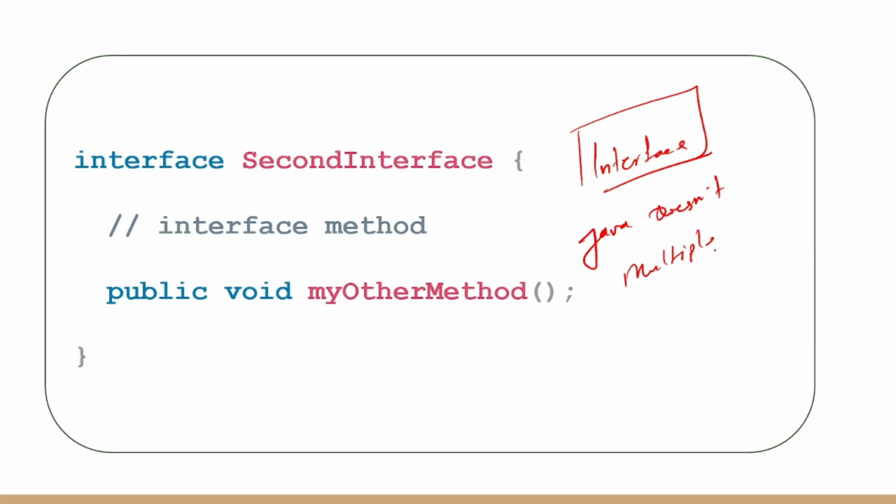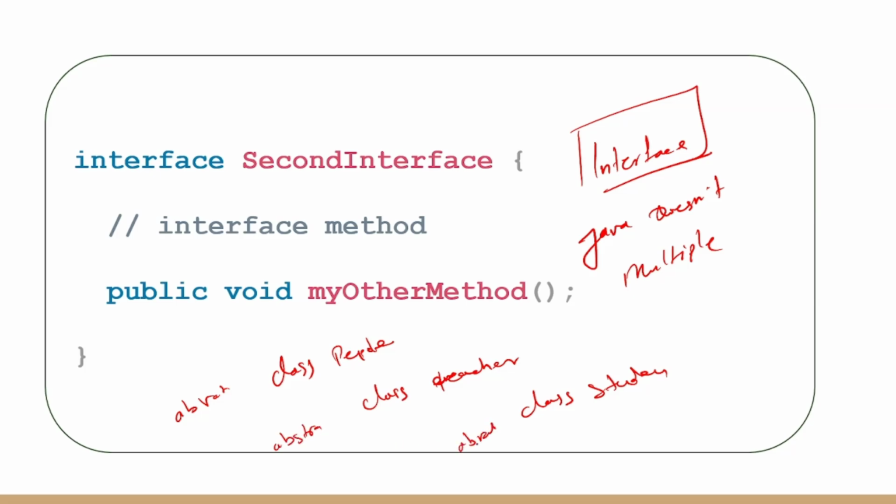Multiple inheritance means, suppose I have a class People, and there is a class Employee, a Teacher, and a class Student. Some of these might be abstract, some might not. Now understand a scenario: there is a PhD student working on a fellowship or researching something.